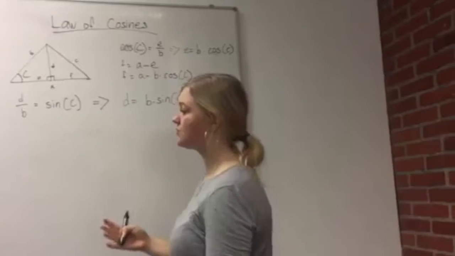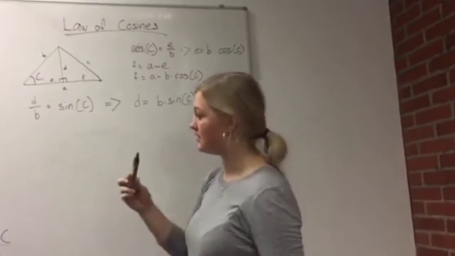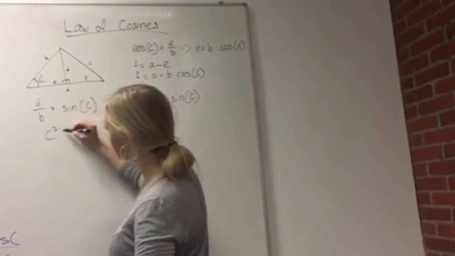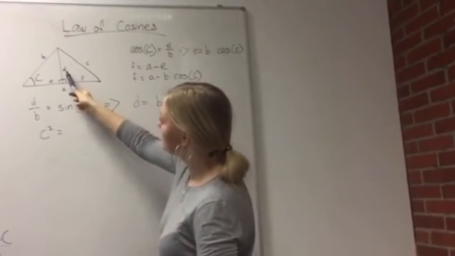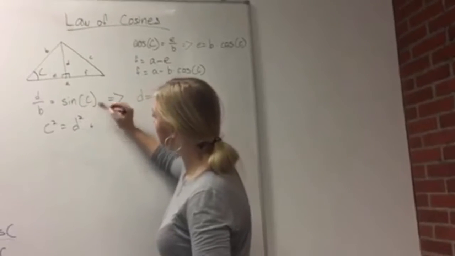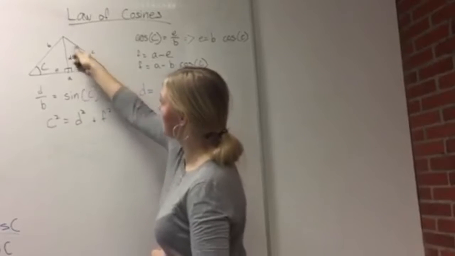Now we'll use the Pythagorean theorem to calculate c. So we'll say c squared is equal to D squared, this one, plus F squared. So we'll be focusing on this triangle now.